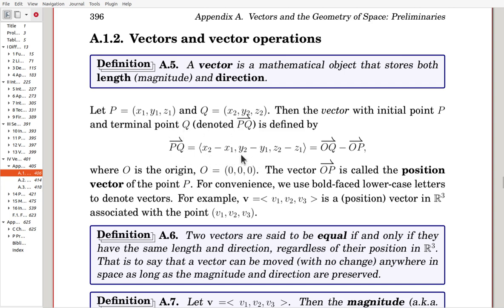Basically, this vector is the same as Q minus P, but we are using the notation OP, OQ here to indicate position vectors. So that is the vector starting from P and ending at Q.